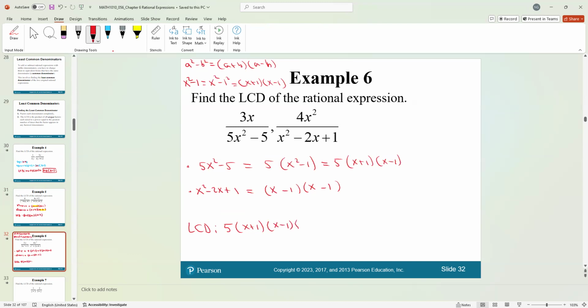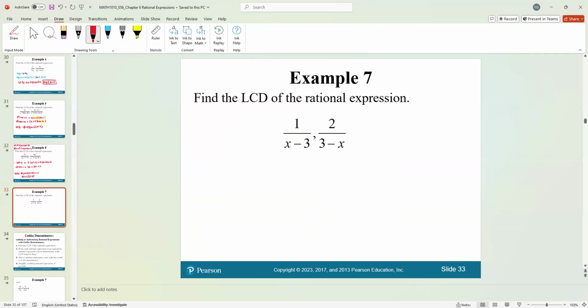I don't need to put it 3 times. I only need to use the one that is repeated the most. So I can either leave it like this, or I can say it's 5 times x plus 1, and because x minus 1 repeats twice, I can say x minus 1 power 2. So either one is correct.